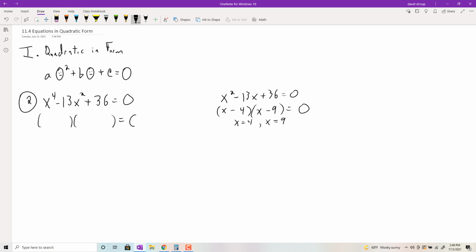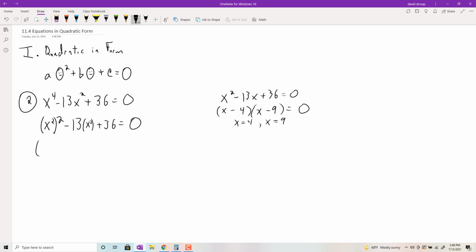The only difference is that I have an x to the 4th and then an x squared. So even before we get to factoring it, you can think of the face, the thing that's being squared here, as x squared. Something squared, where the something is x squared, then minus 13 times something, in this case x squared, plus the 36.